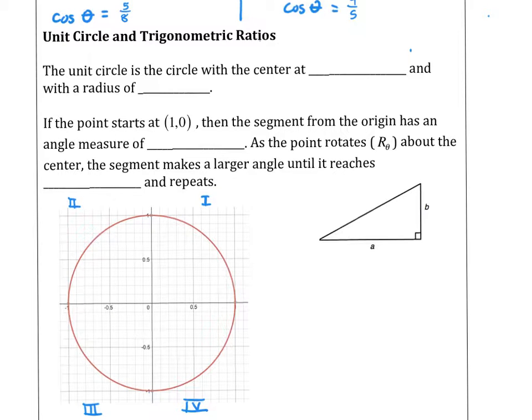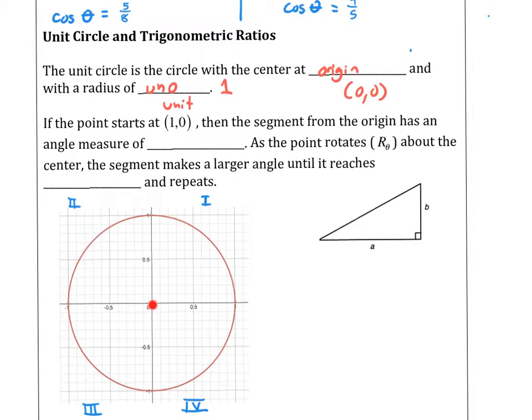First off, the unit circle is a circle that has a center at the origin, also known as 0, 0, and it has a radius of 1. For you non-polyglots, that means 1, and of course, that's where we get the name unit, because unit means 1.